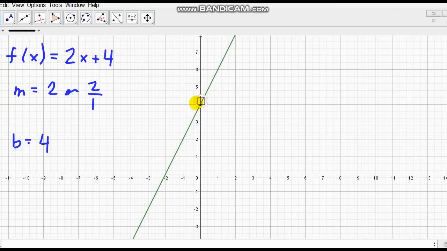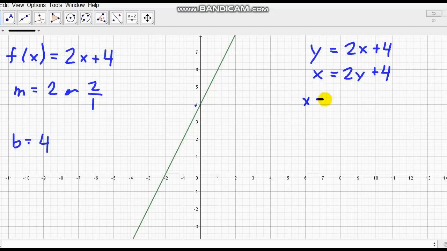Okay, let's erase. Now, let's try to obtain the inverse of this f of x. So let's have y equals 2x plus 4 and reverse the x and y. So this becomes x equals 2y plus 4. Transpose the 4 to the other side.